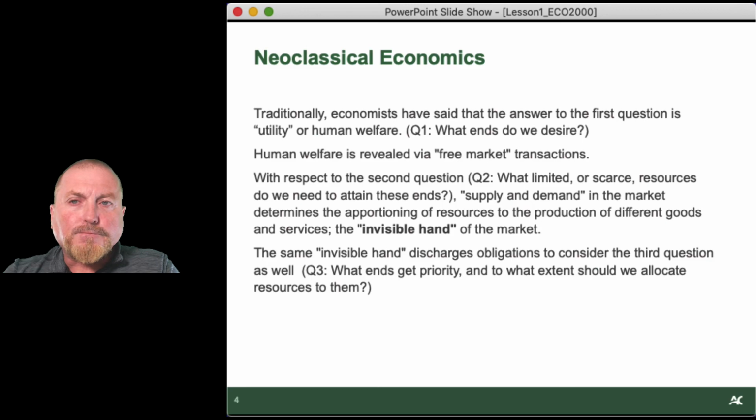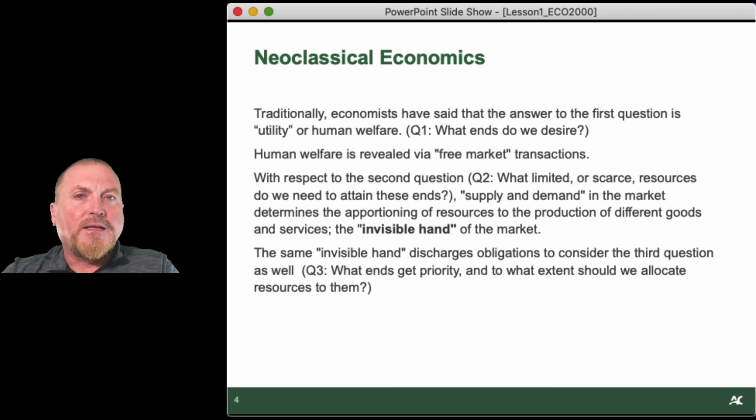With respect to the second question, what limited or scarce resources do we need to achieve those ends, the neoclassical economists would say that's supply and demand of free market decisions made by individuals and corporations and groups.